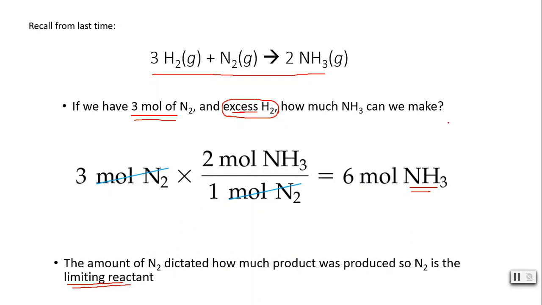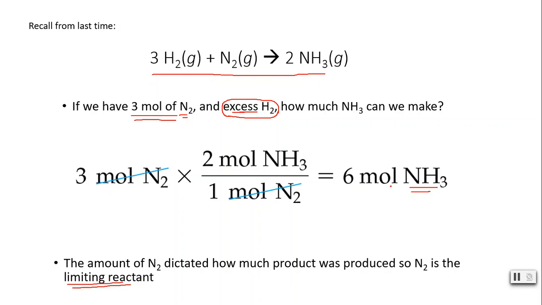So in this example, I didn't have to really use the words limiting reactant because I inferred that nitrogen is what should be used to calculate the amount of product by saying that we had excess or too much H2 gas. And therefore it was the moles of nitrogen gas that's used to calculate the product.